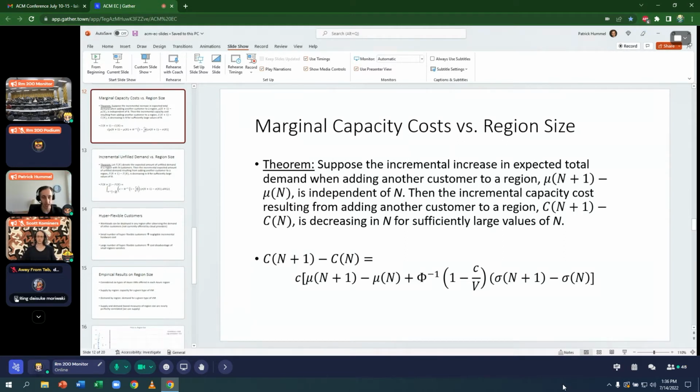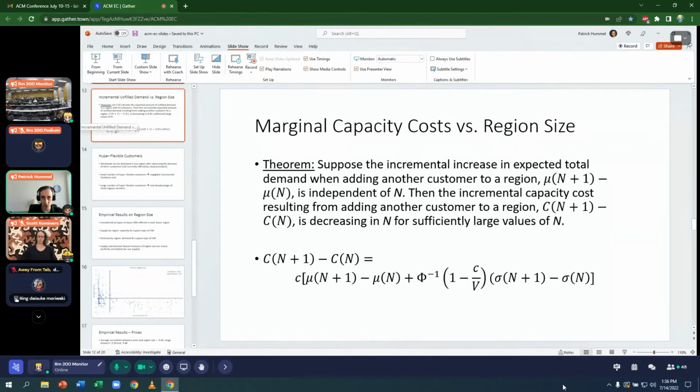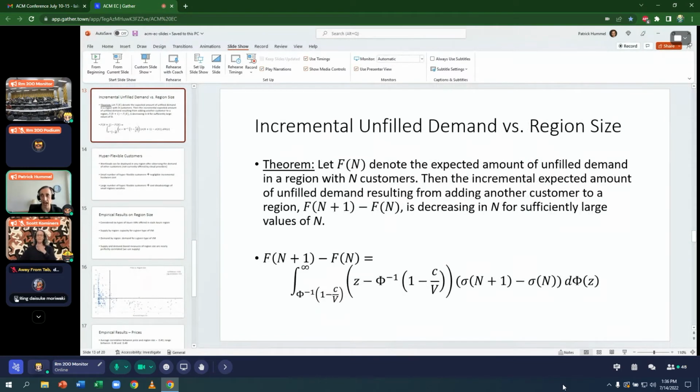to meet customer demand. So our next result concerns the relationship between the incremental unfilled demand and region size. So here again, we find that the incremental expected amount of unfilled demand that results from adding another customer to a region will be lower in larger regions. And in the slide, we've given a mathematical expression for this incremental unfilled demand, and the result again follows from the concavity of sigma as a function of n.